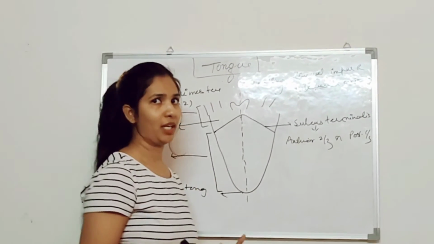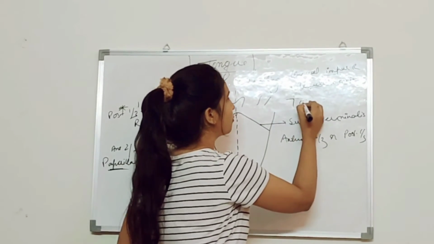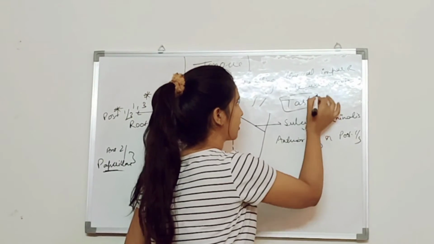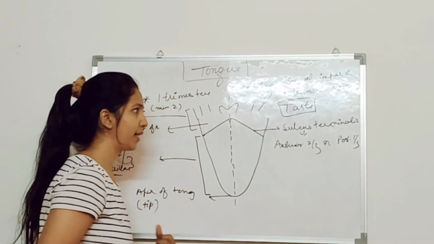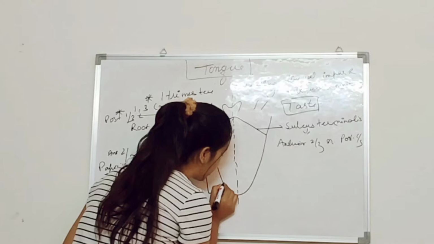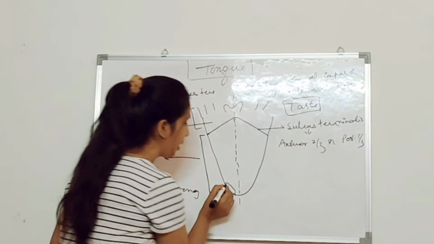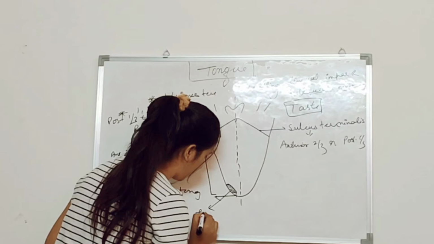We have 4 papillae present on the tongue. The major function of the tongue, which you have learned from childhood, is taste. So the taste function of the tongue is performed by the papillae. So we have the 4 papillae. Over the lateral border of the tongue, we have filiform papilla.